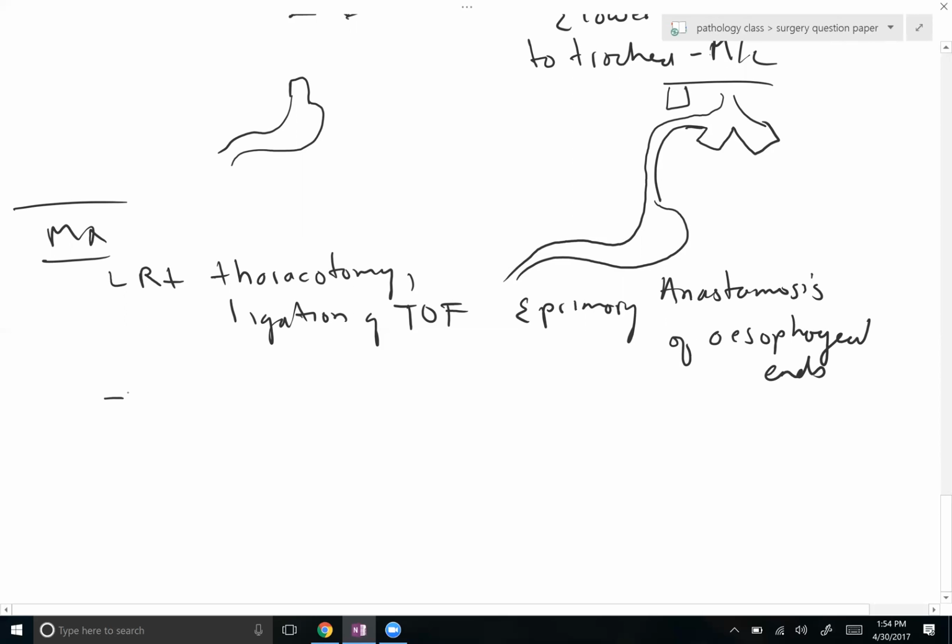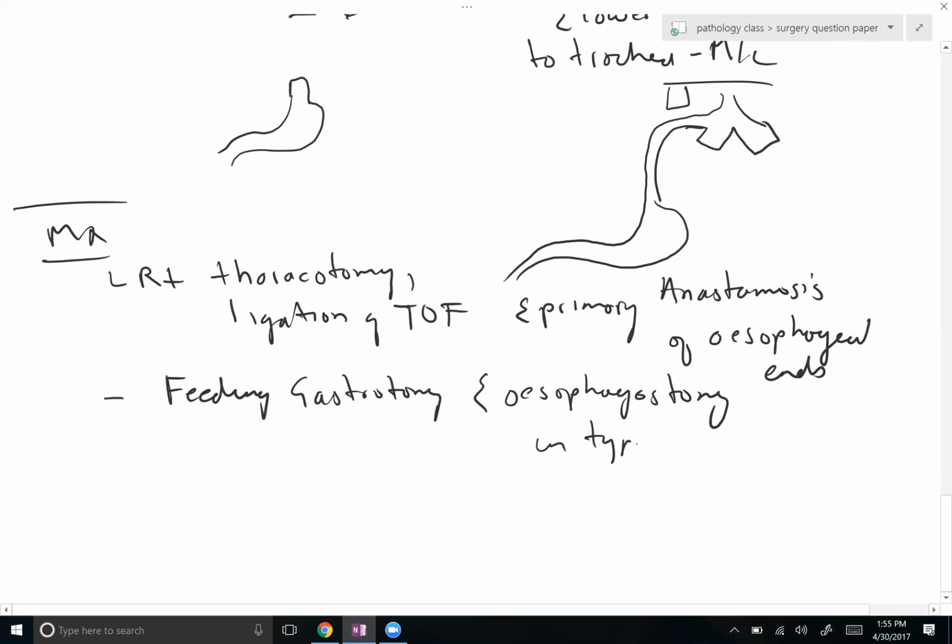Next, we do a feeding gastrostomy and esophagostomy. This is in type 3, or you can say C fistula.